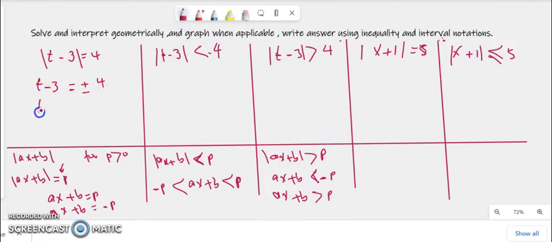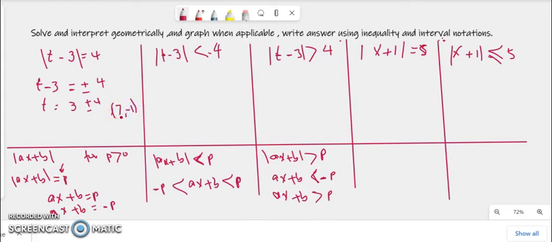So that means t minus 3 equals plus or minus 4. We can add 3 to both sides, so t equals 3 plus or minus 4. So t is equal to 3 plus 4, that's 7, and 3 minus 4 is negative 1.